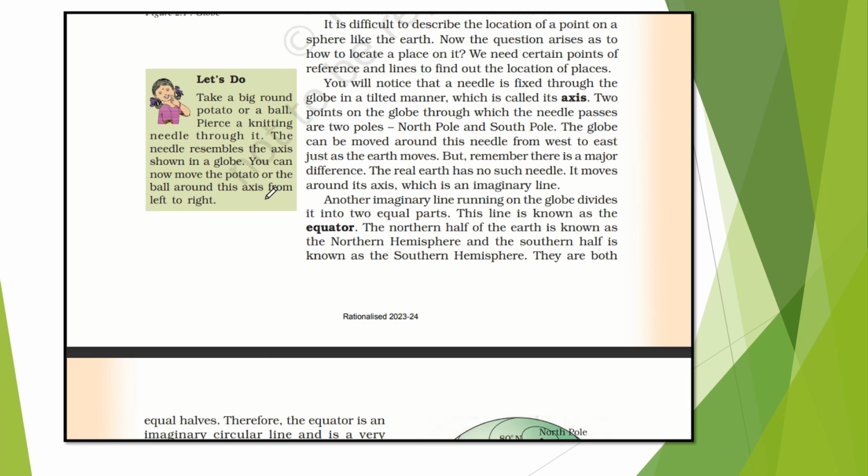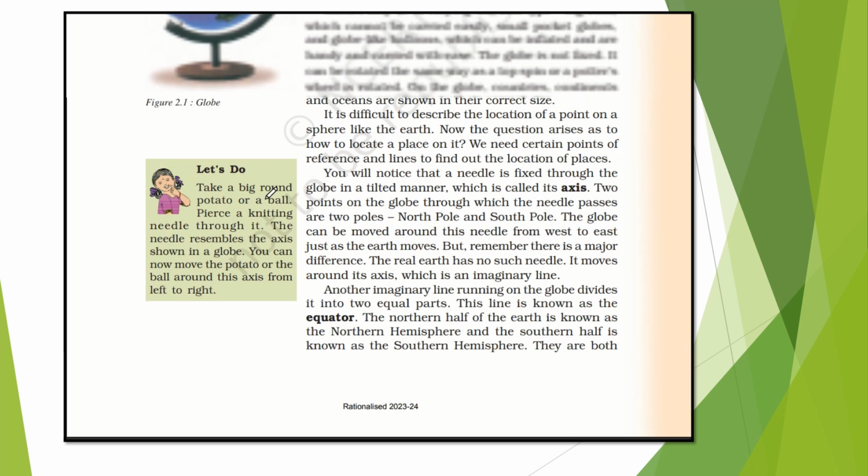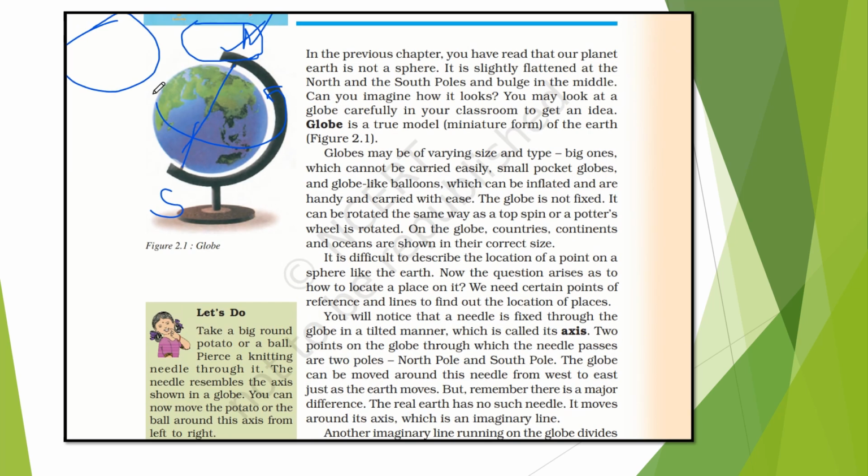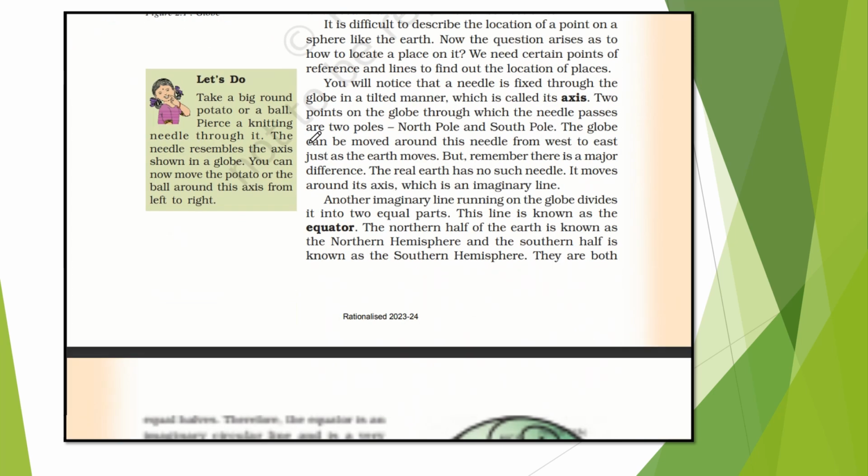Another imaginary line running on the globe divides it into two equal parts. This line is known as the equator. If you draw one line around the middle of the globe, this shows the equator.